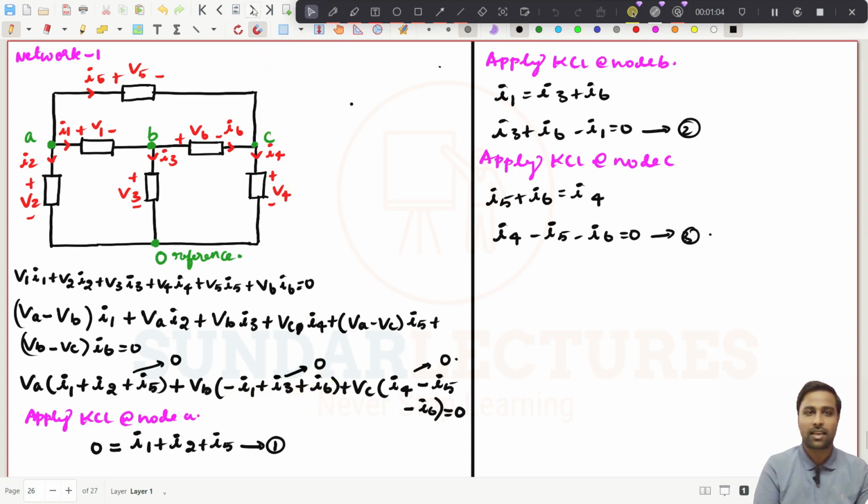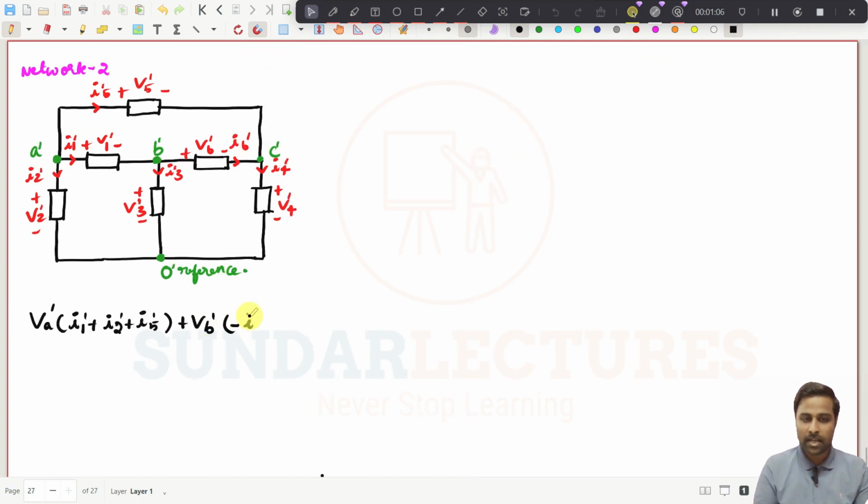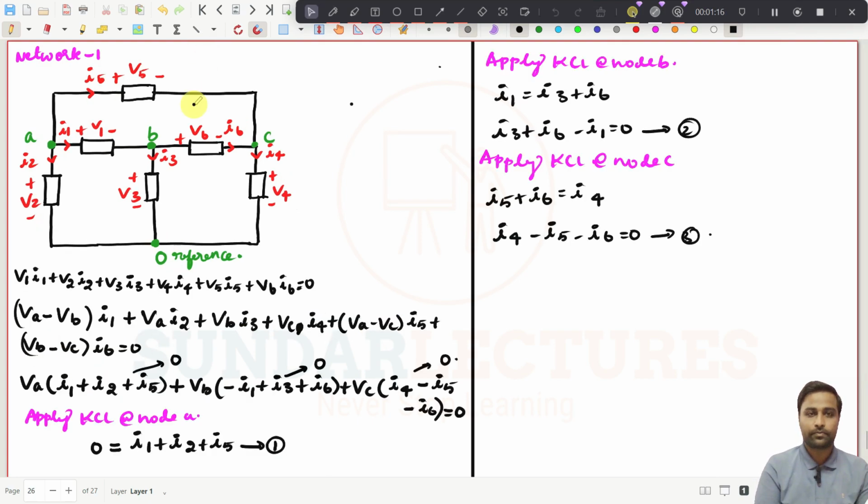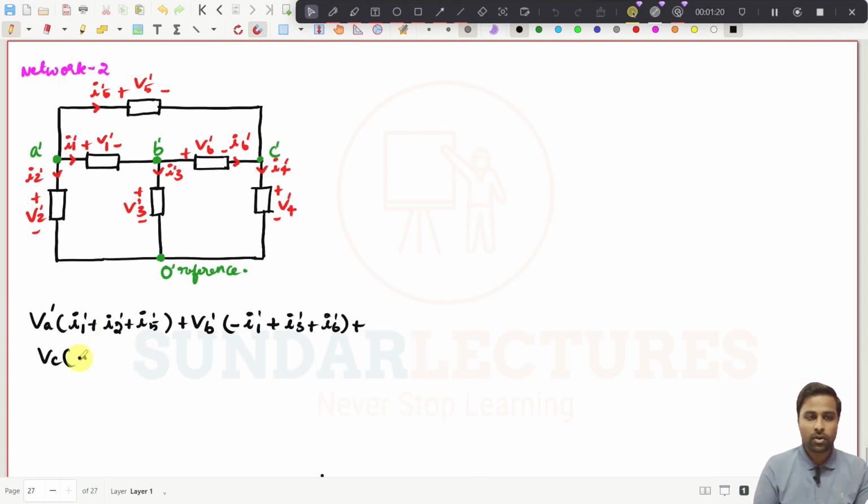So minus I1 dashed plus I3 dashed plus I6 dashed plus VC dashed into, what is VC? I4, I5, I6, right? I4 dashed minus I5 dashed minus I6 dashed should be equal to 0, right? This is the term we should get.